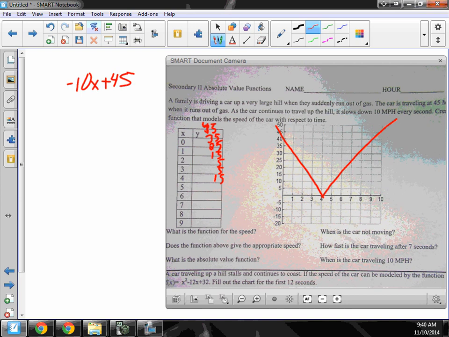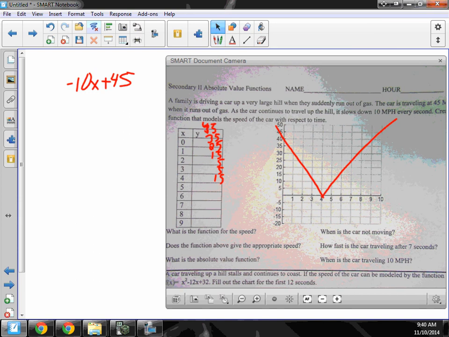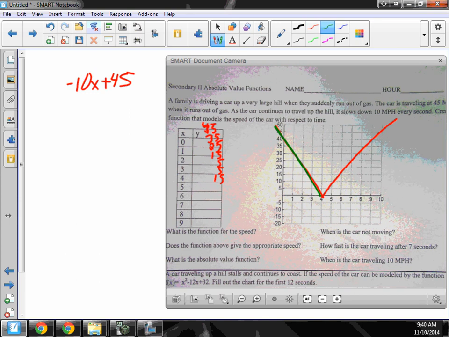Does that explain the entire graph? No. How much does that explain? The first piece, which is from 0 to 4.5. So I could do a piecewise function, and I could separate it into a left piece and a right piece. But down here it asks, what is the absolute value function?